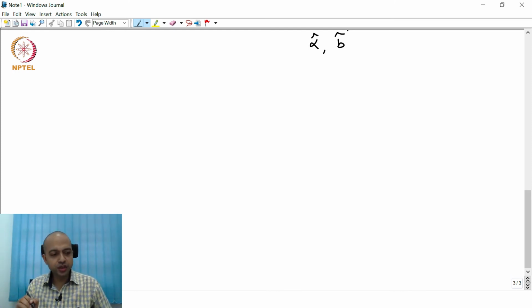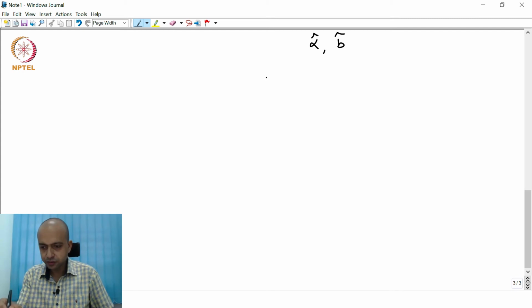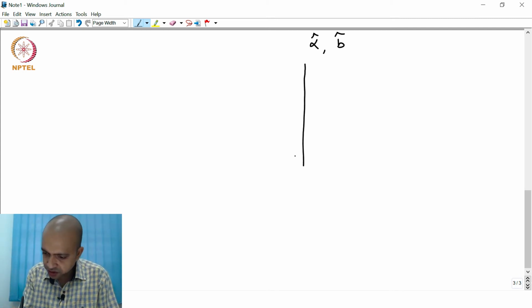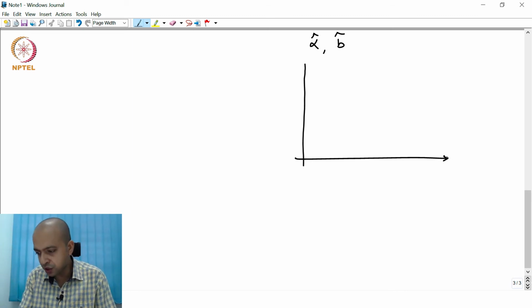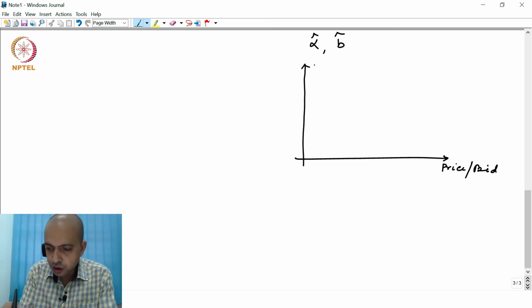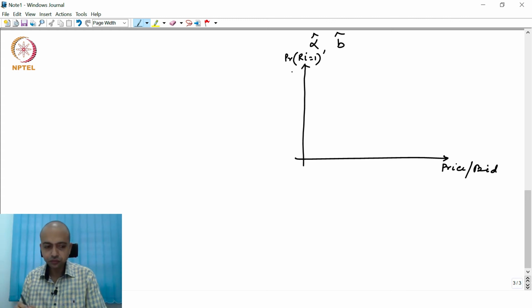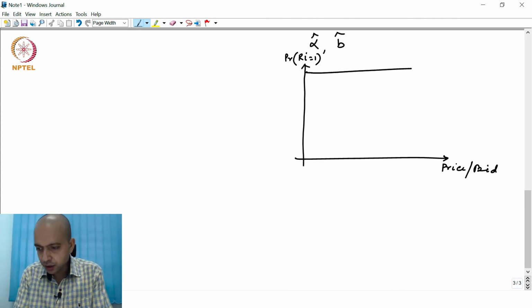And this logit model that we have estimated takes the shape of a sigmoid S. So that means if you plot this, let's say in the x-axis I am measuring the price or bid amount, and in the y-axis we are measuring the probability that Ri equals 1. Let's say this is the highest one, that probability Pi equals 1. So then your logit function will look like this.